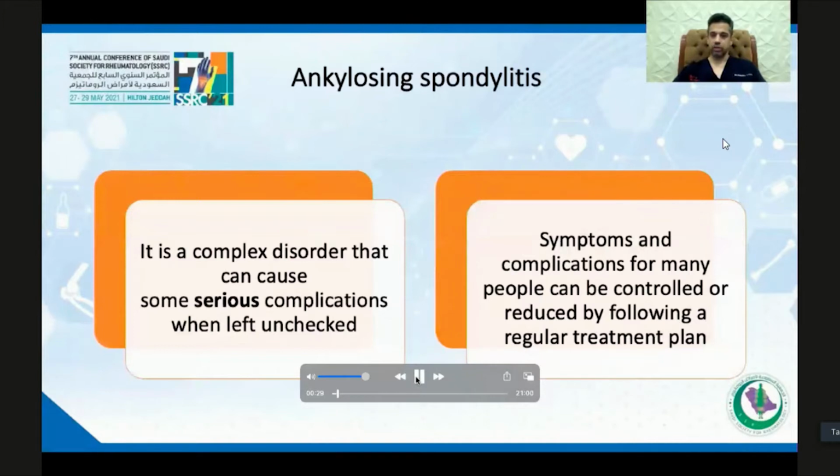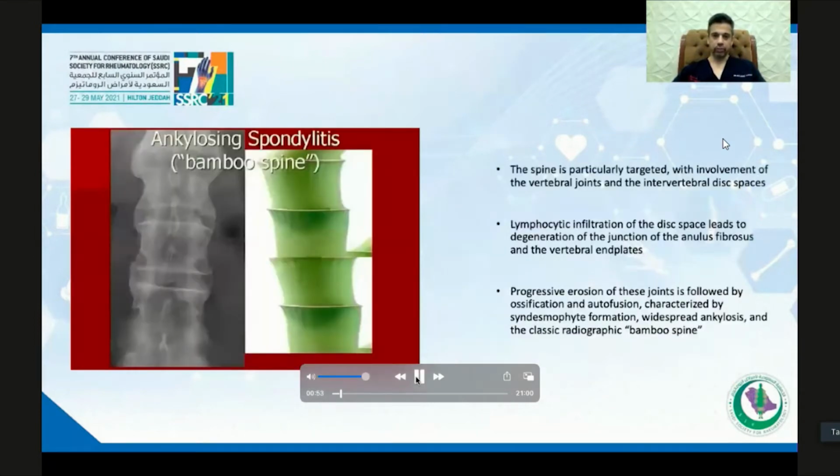Ankylosing spondylitis is a well-known complex disease that affects the spine mainly, and the group of symptoms and complications that happen with this disease can be controlled and reduced if the patient is complying with the treatment protocol.